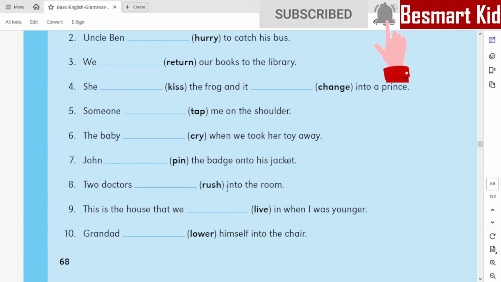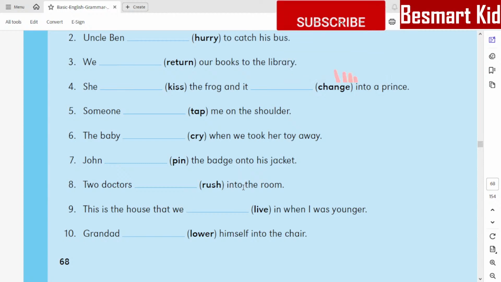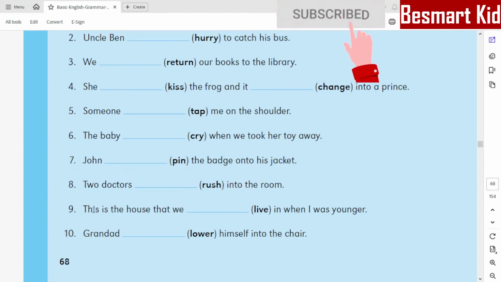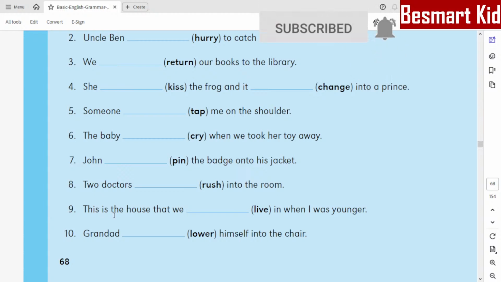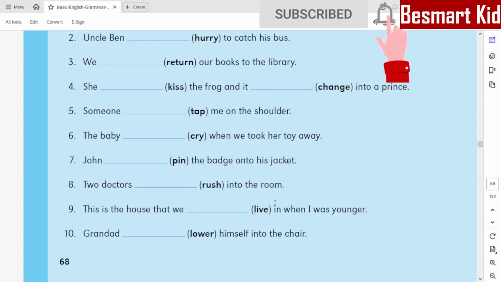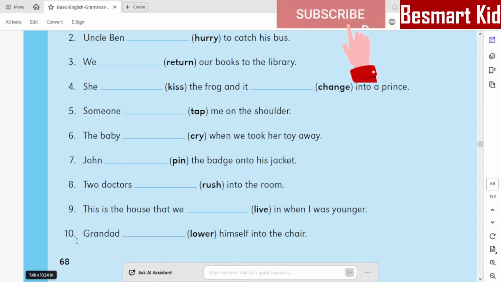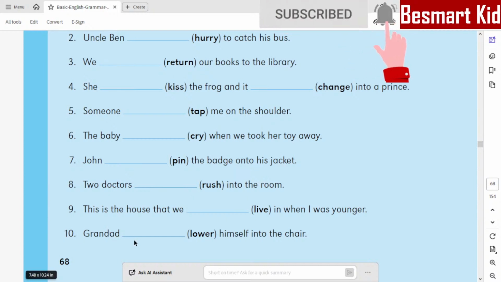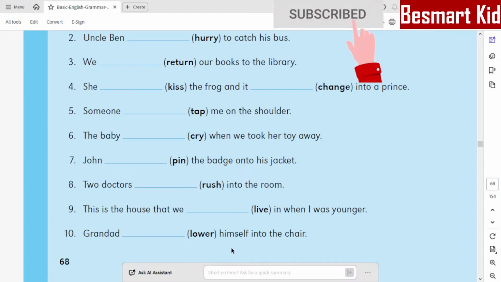Doctors dash rush in brackets into the room. 9. This is the house that we dash live in brackets when I was younger. 10th, Granddad dash lower in brackets himself in the chair.